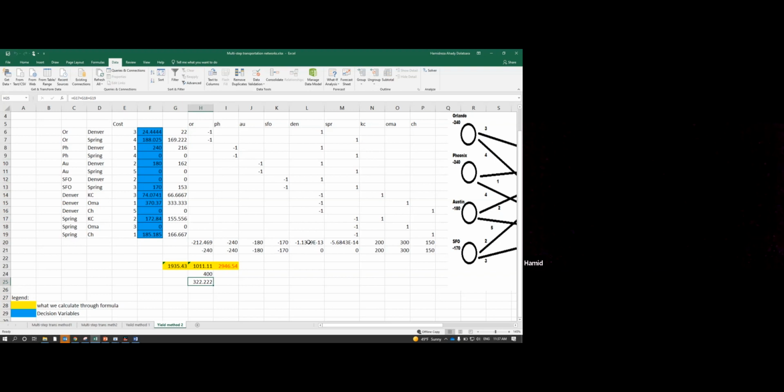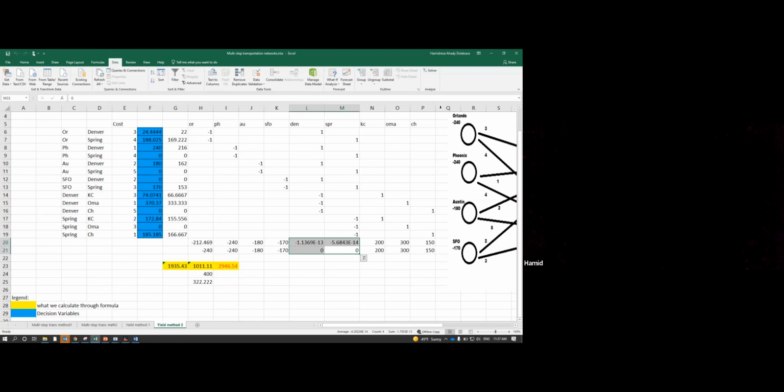Going back to the Excel, looking at my warehouse constraint, you see there's a -1.13E-13 or minus 5.684, whatever. So we said these two should be equal to 0, or at least greater than or equal to 0.